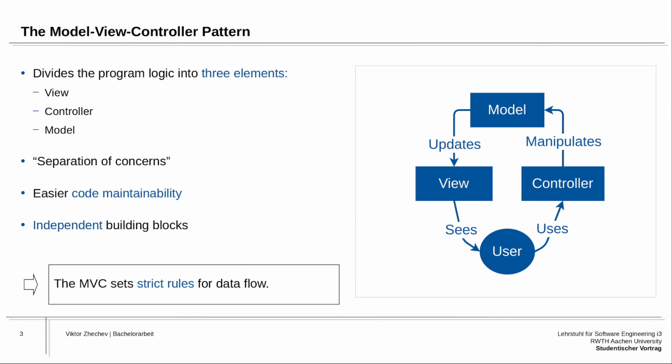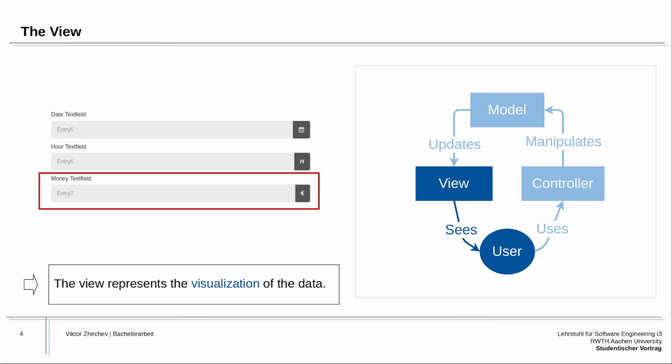For this to be achieved, we should touch on a software pattern called the Model View Controller, or MVC for short. It tells us about three main rules that our application should follow. First, we have the view, or what the user sees and interacts with.